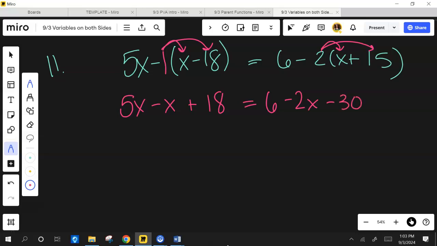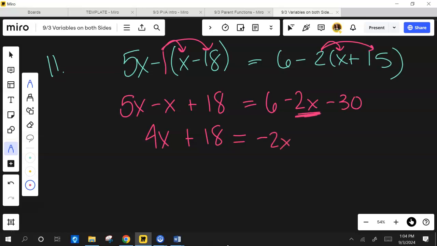Now look, what did we say we do? We simplify each side first, right? All right. What is 5x minus 1x? If you've got 5 and take 1 away, 4x, that's right, plus 18 equals, now on this side, I only have 1x here, right?